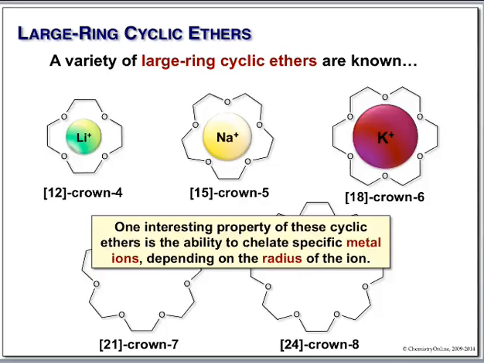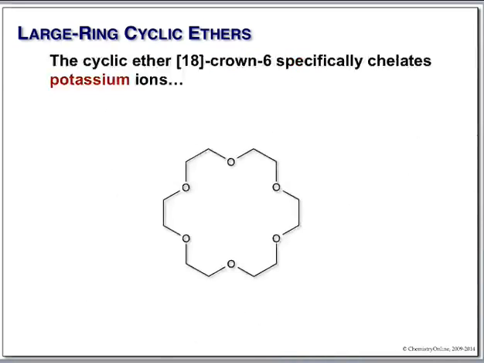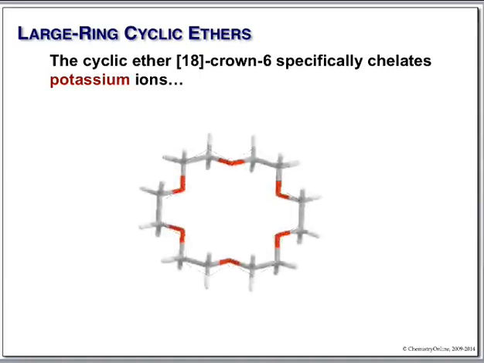Let's look at 18 crown 6. This is what it looks like. Again, there are 18 atoms, there are 6 oxygens, and it's a crown. Once again, the potassium ion fits perfectly in this little hole. This is what it would look like in a stick model.